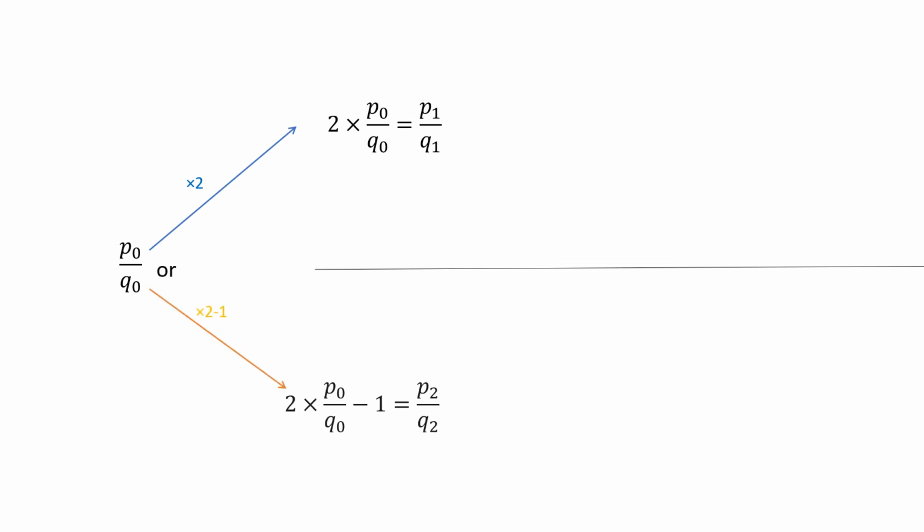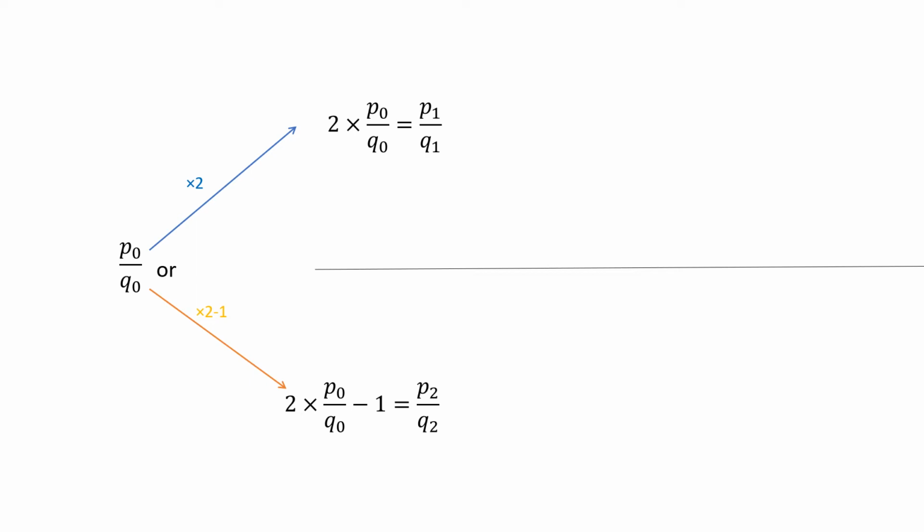In short, we have p0 over q0 as a simplified fraction less than 1. This fraction will either follow a blue arrow and proceed to p1 over q1, or the arrow will be orange and p2 over q2 will be the next fraction. Whatever the next fraction will be, the two variables will have to be coprime as well.